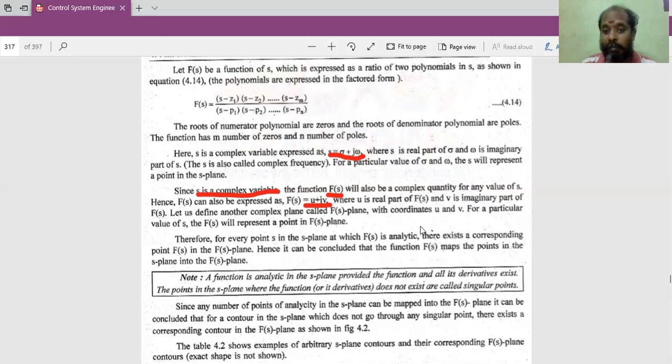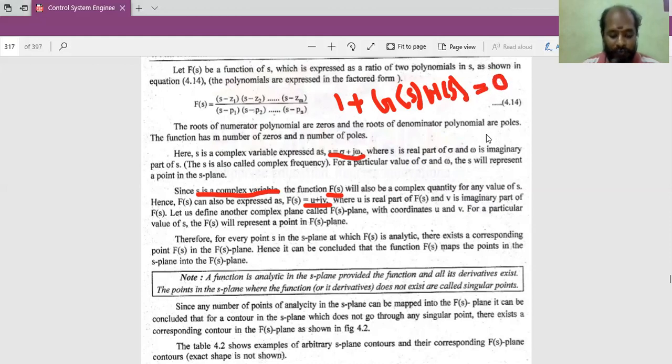how do you comment about stability? The stability is commented about based on the characteristic equation. What is the characteristic equation? We say 1 plus G of S H of S is equal to 0.